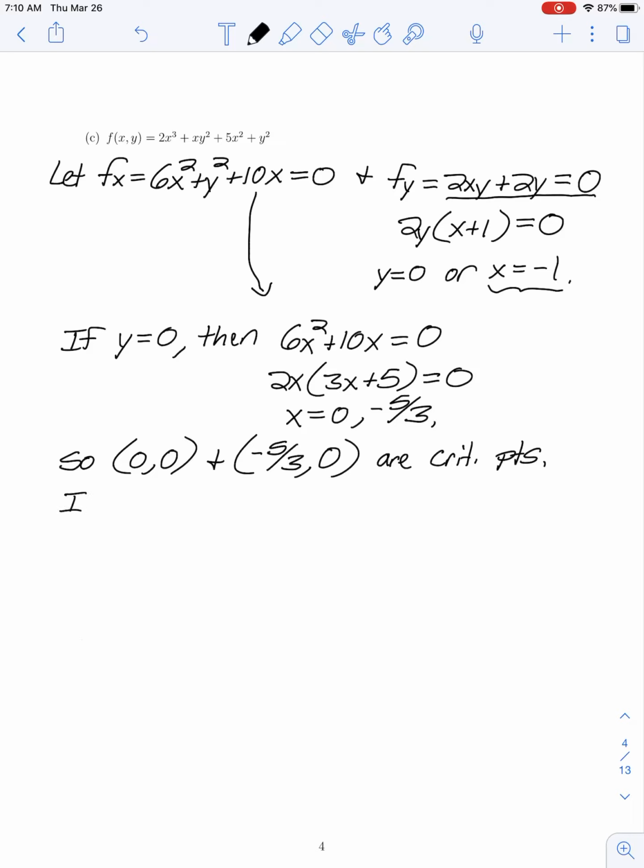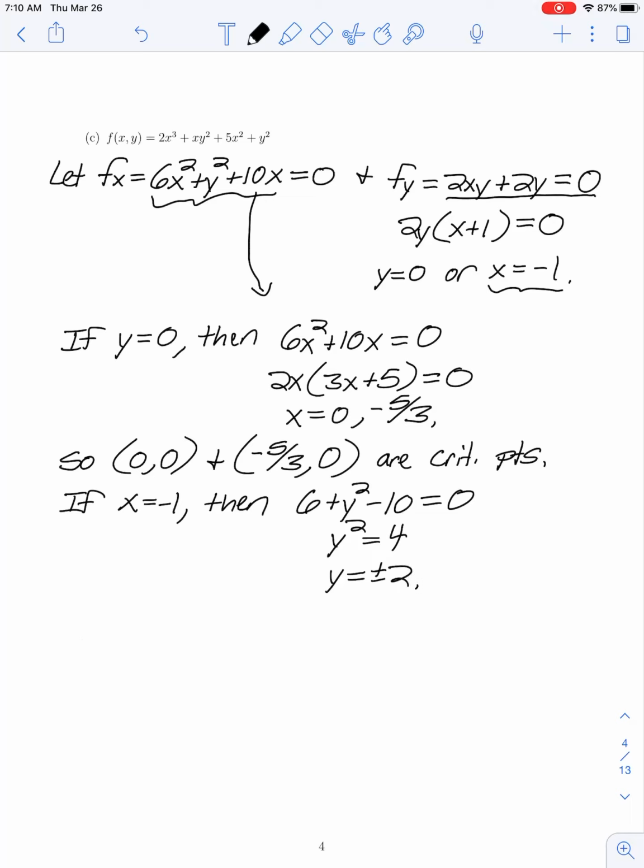Now, if we consider our second case for satisfying our second equation, if x is equal to -1, then let's look at what our first equation becomes. Substituting x equals -1 into our first equation, we have 6 plus y squared minus 10 is equal to 0. So this reduces to y squared is equal to 4, and y would then be plus or minus 2.